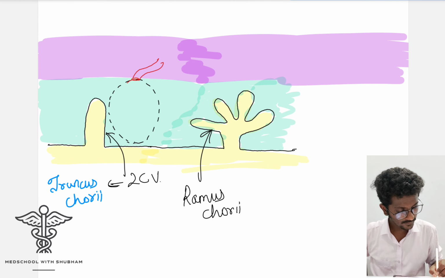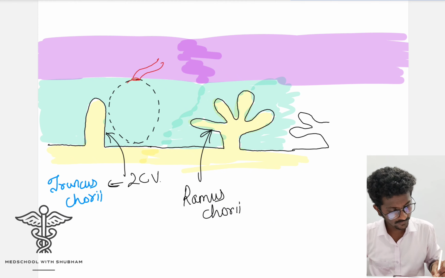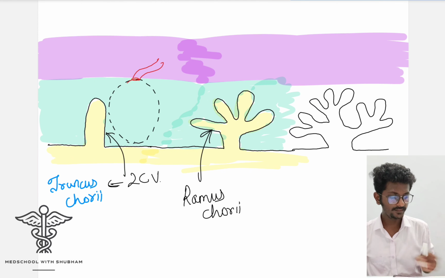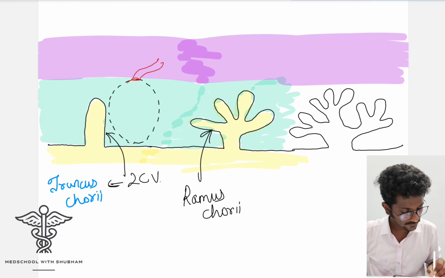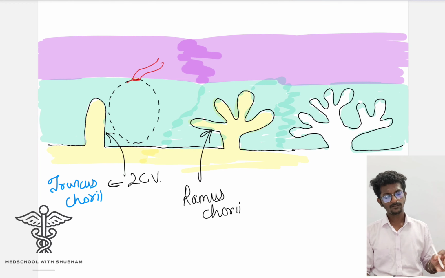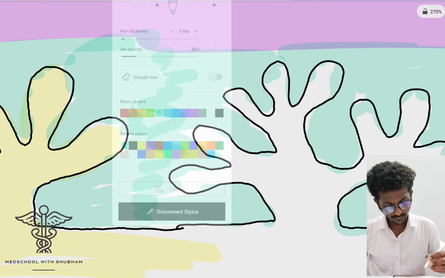In this way it will give rise to some sub branches. Again, this is the syncytiotrophoblasts. Now what will happen?